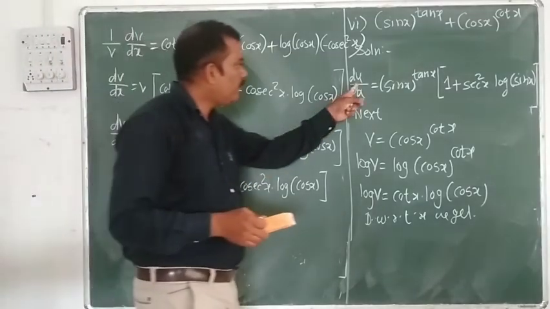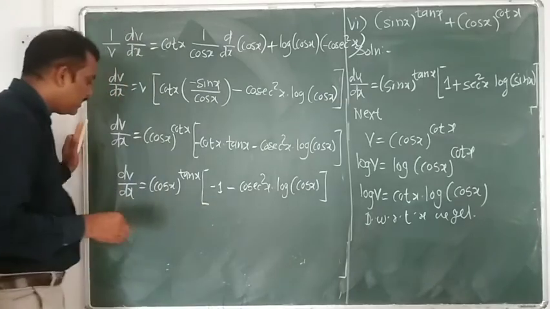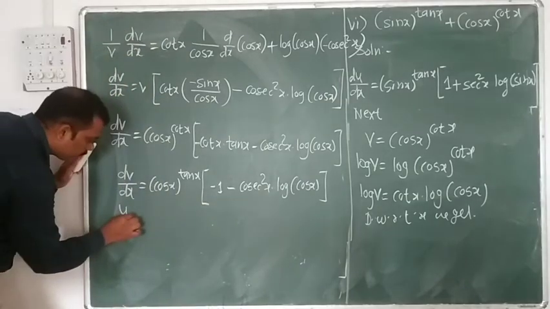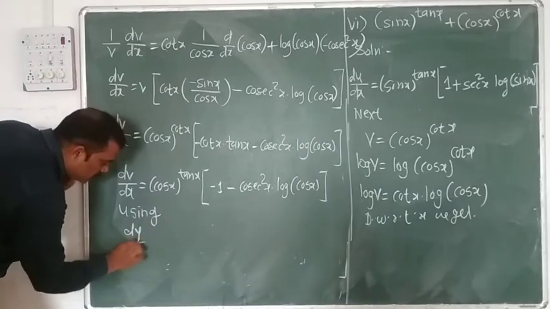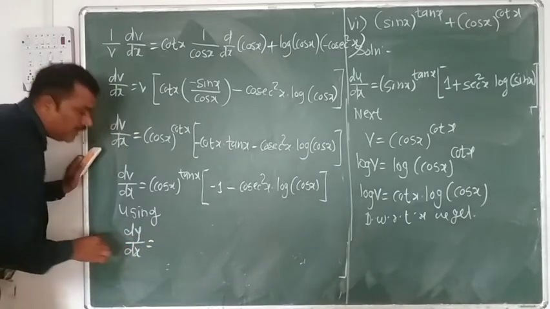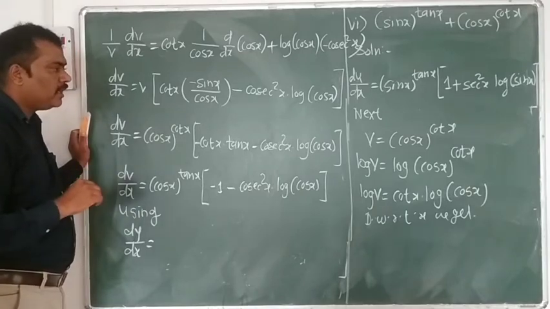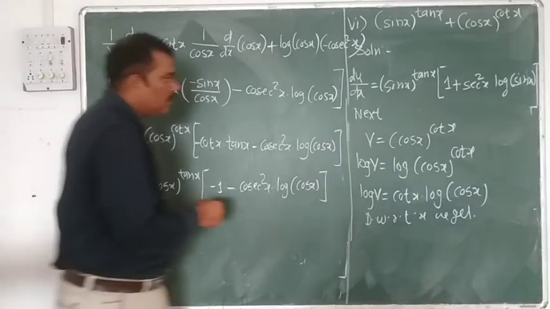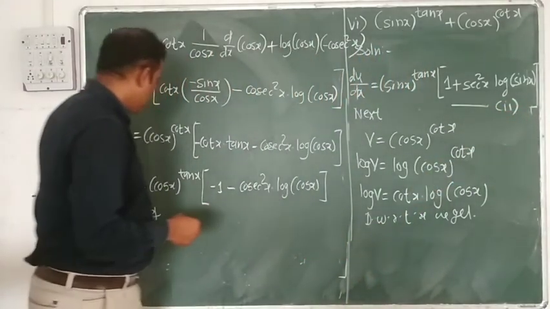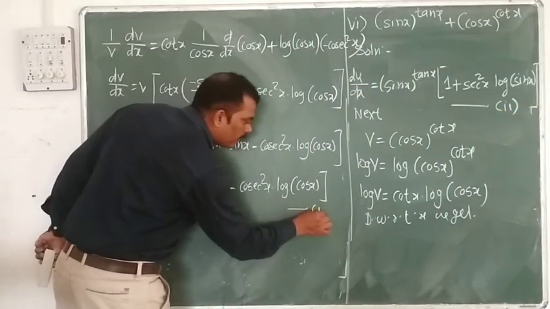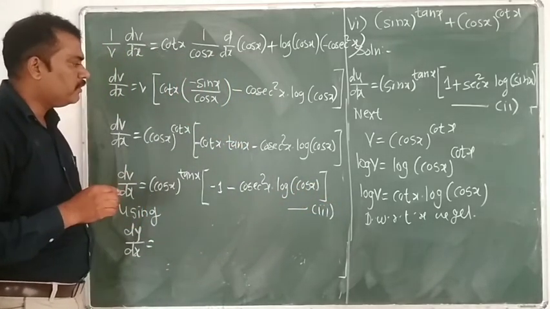We have already found the value of du by dx. Now we have to use these in dy by dx. dy by dx is nothing but du by dx plus dv by dx. Suppose we give the number 1 to dy by dx, number 2 to du by dx, and number 3 to dv by dx.